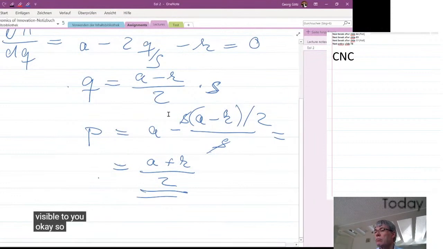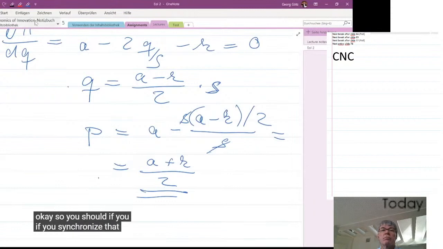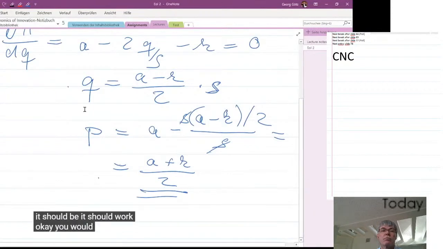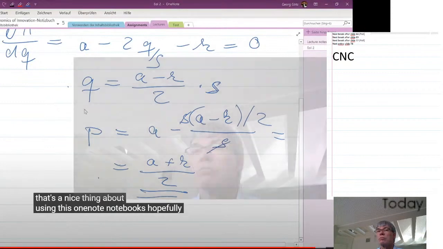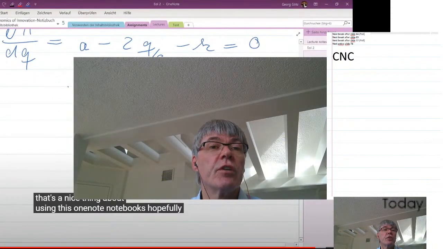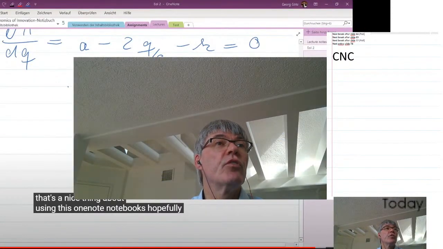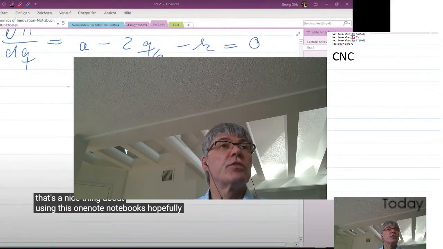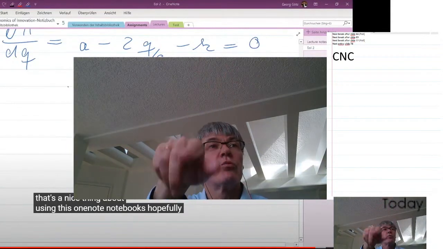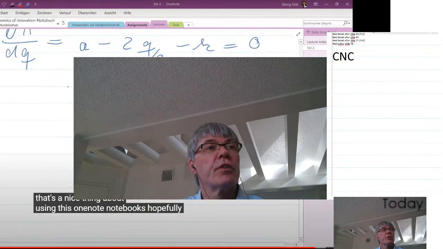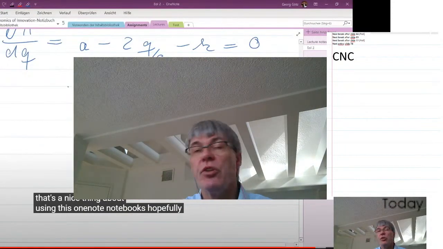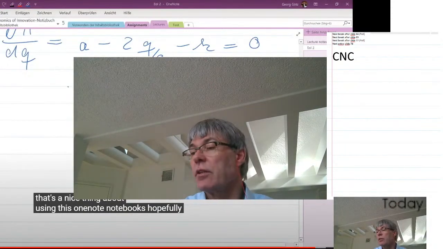If you synchronize that, it should work. That's a nice thing about using these OneNote notebooks. It holds only for the previous year. You can only see the things I wrote in the area to the right, but you have it here anyway.